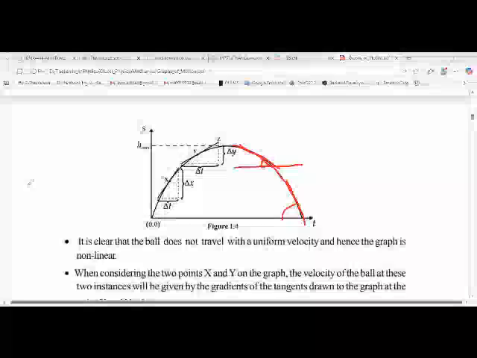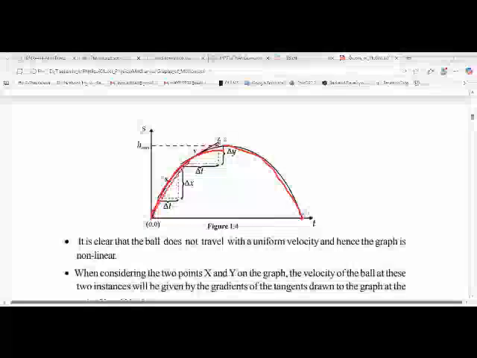Also, you can see here, if you consider this part, the object is moving away from the observation point. Also, this part represents the object moving towards the observation point, because if you consider this point, displacement is 0.